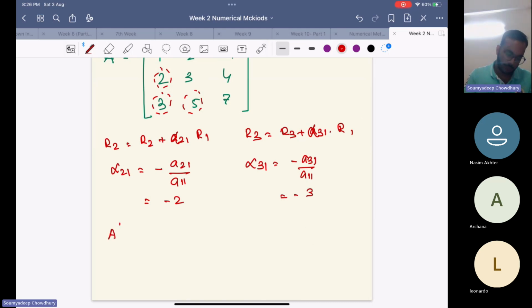So A dash after the first step we will get 1 2 1, 0 minus 1 2, 0 minus 1 4.